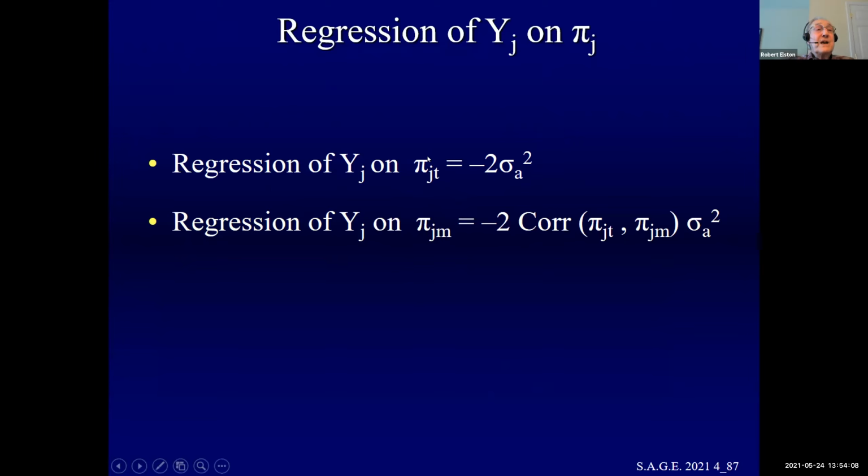At the marker locus, it's basically the same thing, minus 2 sigma_a squared, but it depends on the correlation between the trait and the marker probabilities identical by descent. In fact, what you have here is this 2 times (1 minus 2 theta) squared, as we just saw.